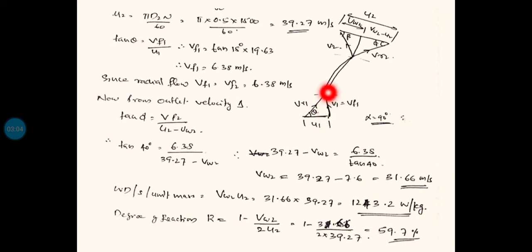Since V1 is radial, it won't have any horizontal component. VW1 is the horizontal component of V1, so VW1 equals 0. That means alpha is 90 degree, and since V1 is vertical, it is also the flow component VF1. So V1 equals VF1. This is the condition that we have got.